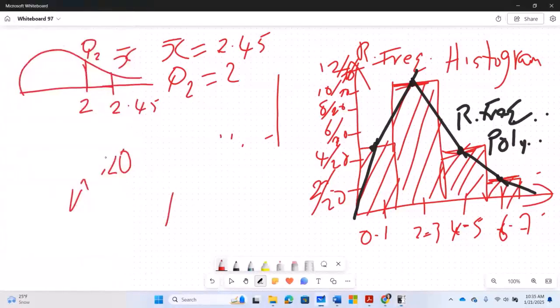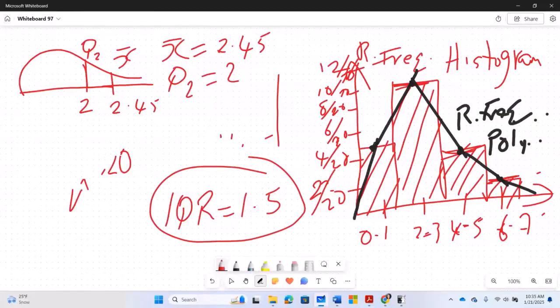Therefore, the IQR is 1.5. I could be told to find so many things using one data set.